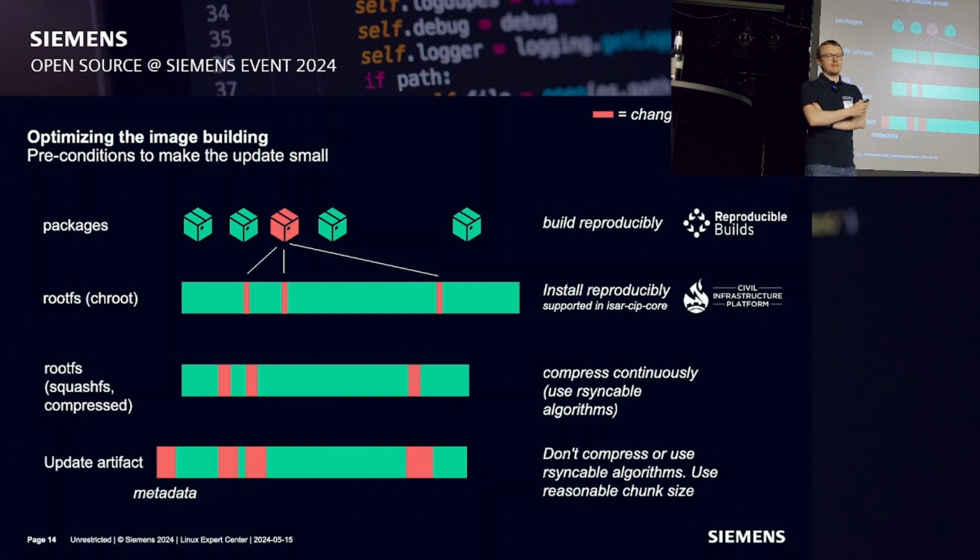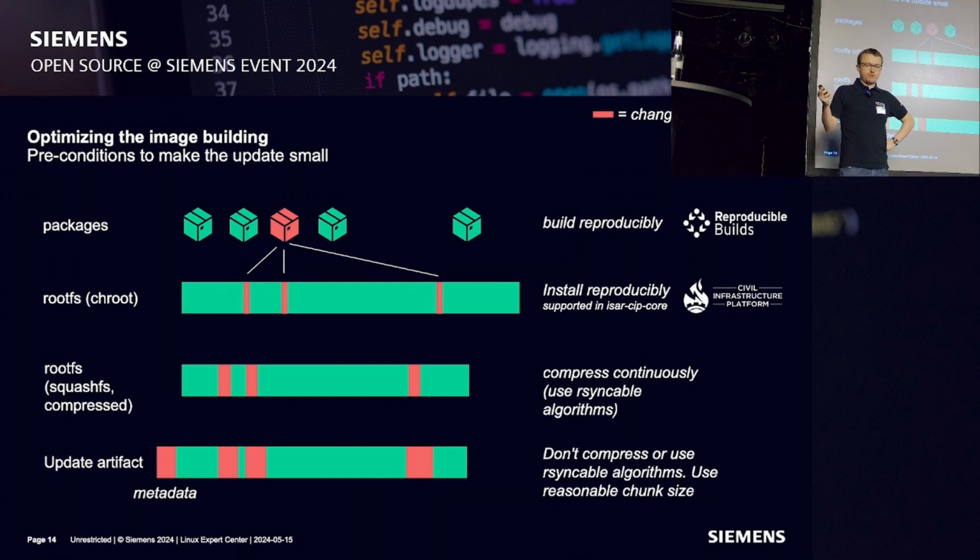And finally, when you create your update artifact, you also need to make sure that you either don't compress it, as basically the biggest part, like the rootfs, is already compressed, or if you compress it slightly for whatever reasons, make sure that you also use rsyncable algorithms with a reasonable chunk size, so that the delta also remains as small as possible.